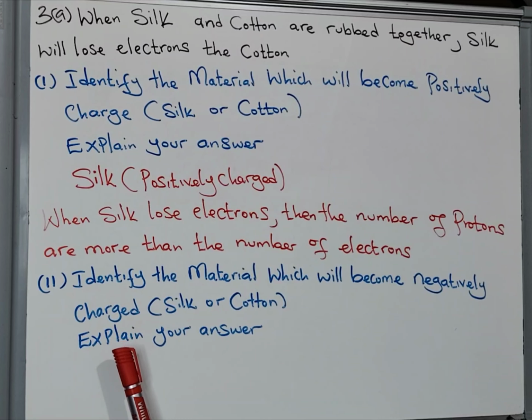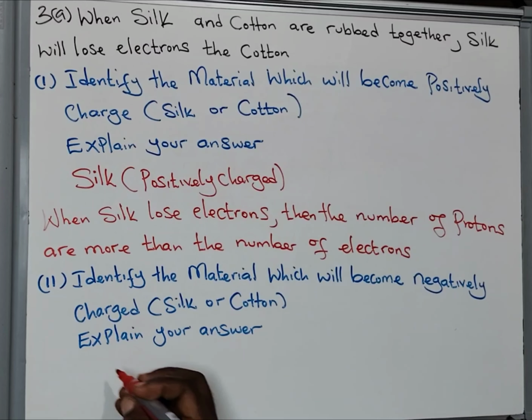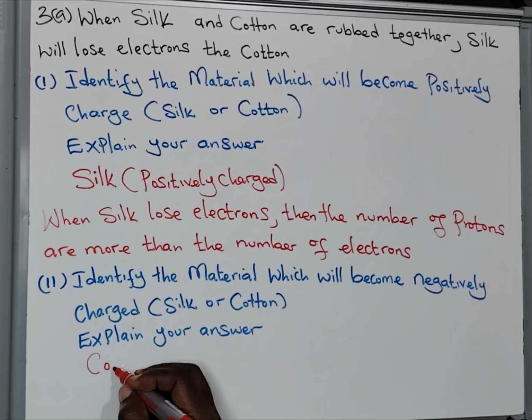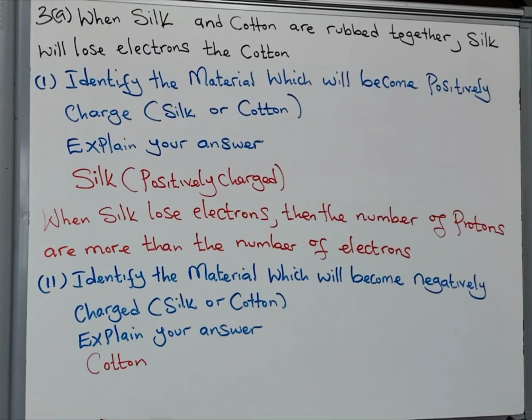Then comes this question. It says that identify the material which will become negatively charged. Is it silk or cotton? The answer is cotton. Okay. Why?